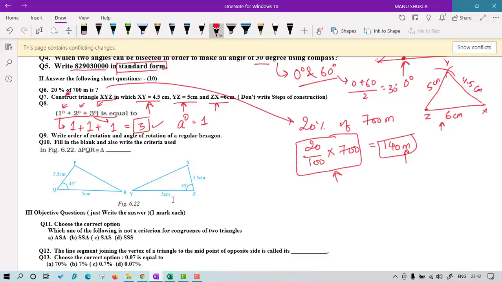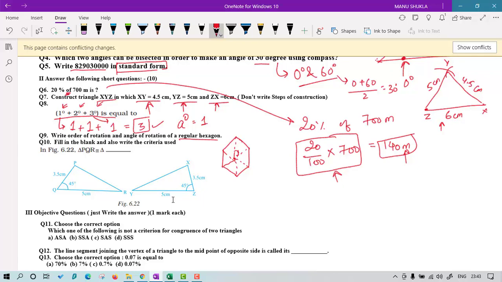Okay, so now question number 9. Write order of rotation and angle of rotation of a regular hexagon. A regular hexagon is a hexagon in which all sides are equal. So there are 6 sides in a hexagon. So all 6 are equal. First of all, there are 6 order, because if you rotate it 6 times by this angle, you will get the same figure back.